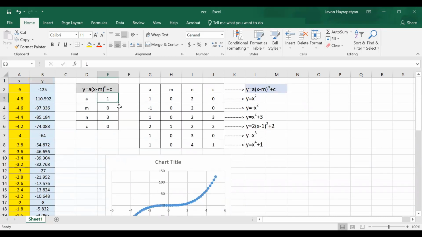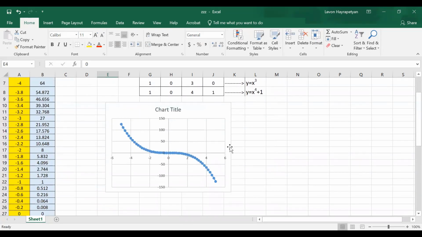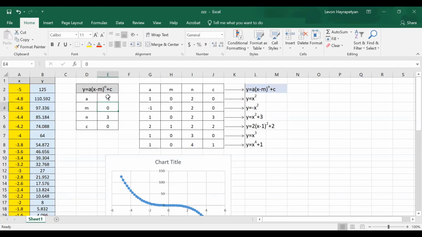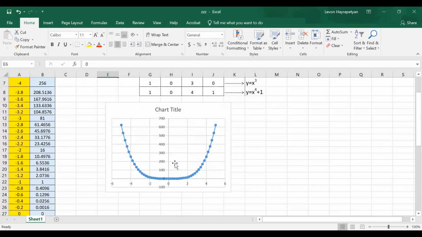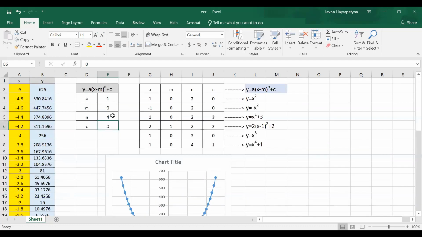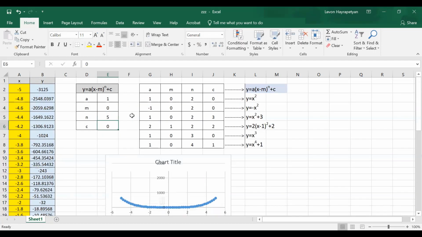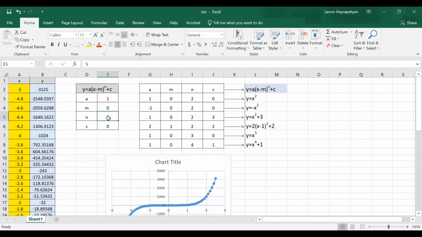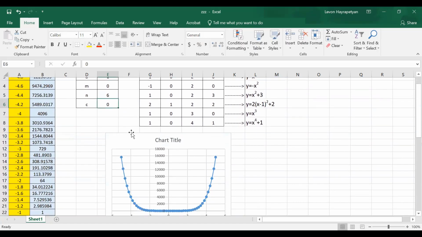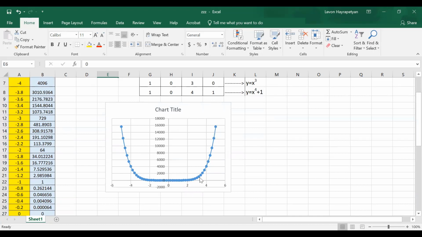If I put -1 in here, it will be the graph of the function negative x squared. And so on. Now let me change this to 4. So this is the graph of the function x to the 4. If I make it 5, no, okay, let's make it 6. Graph of function y equals x to the 6.